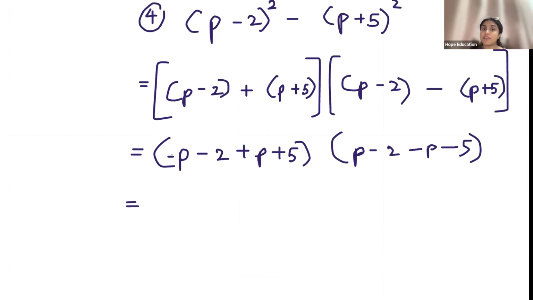Minus 2 plus 5 means plus 3. Here, plus P and minus P cancel. Then minus 2 and minus 5 means minus 7. So this minus 7 I can write at the front. Minus 7, 2P plus 3.